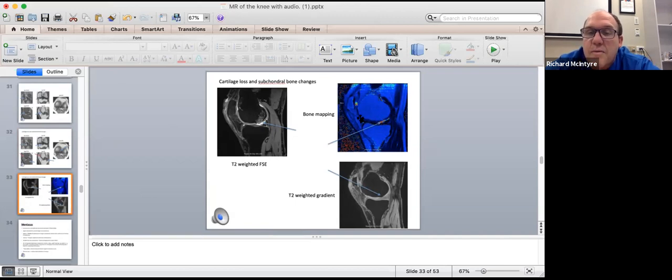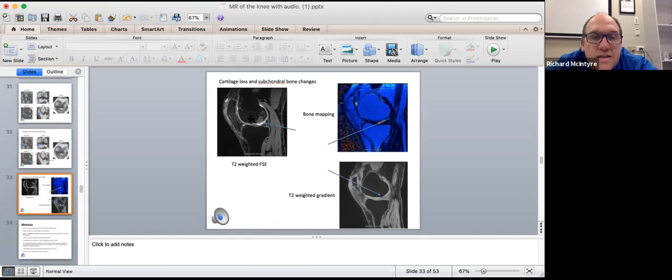And so bone mapping sequences are very common when we're looking at cartilage, and they show increased signal where there is bone lesion. You can see there's a bone lesion here, that little notch at the top of that arrow. Okay, so we can see this sequence here, the gradient sequence has shown the cartilage bright, and then we've just missed a little bit of cartilage as it goes across. Okay, so that shows that disrupted cartilage well.